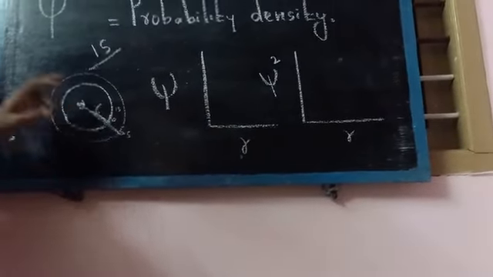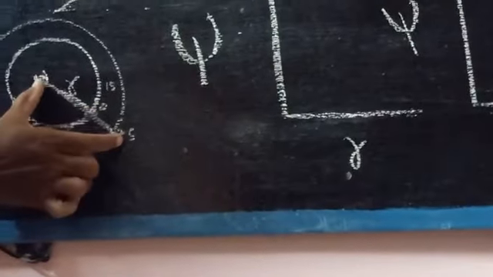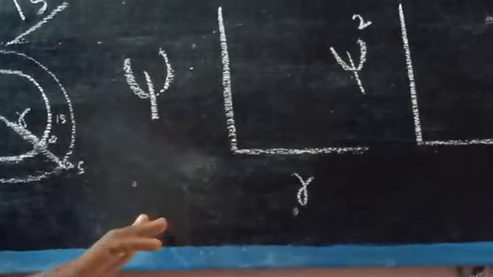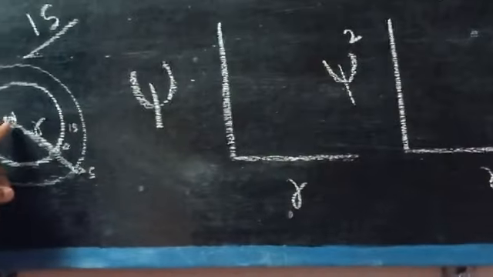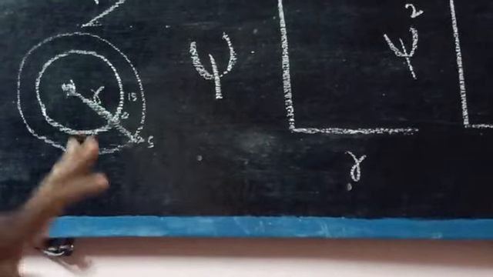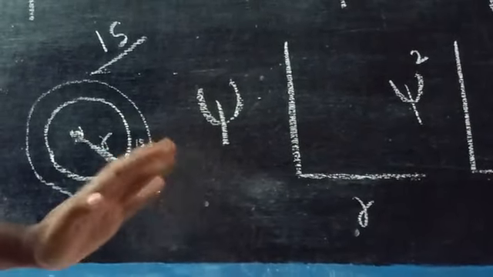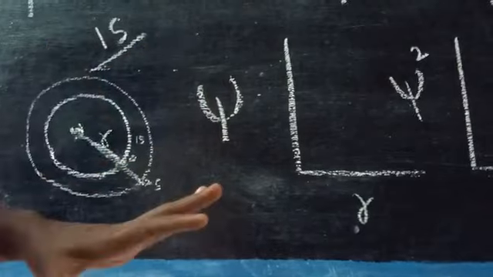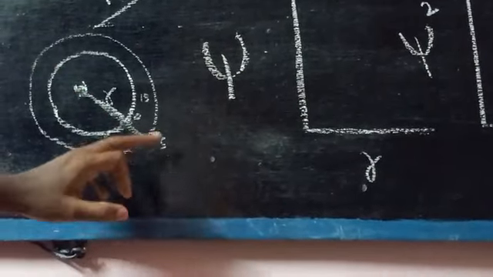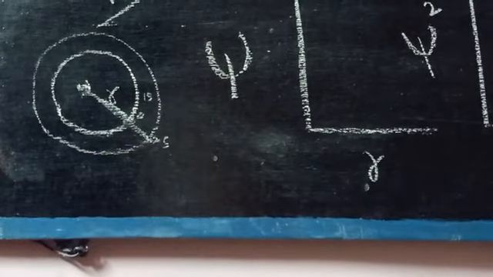For 1s we find the distance, and for 2s we find the distance. So R denotes the distance from the nucleus to the outermost electron, depending upon whether it is 1s, 2s or 3s. It measures not only 1s, but 2s, 3s and 4s orbitals too.